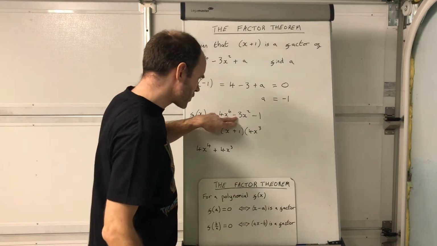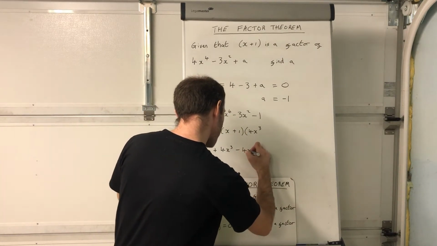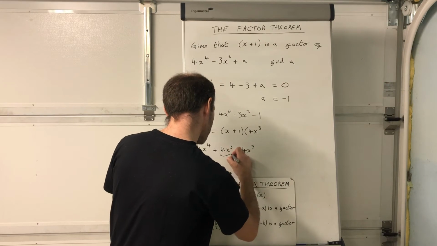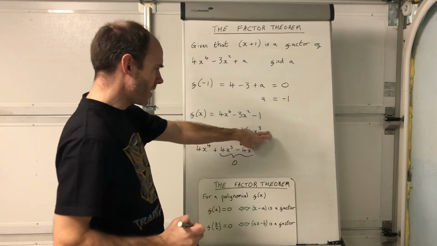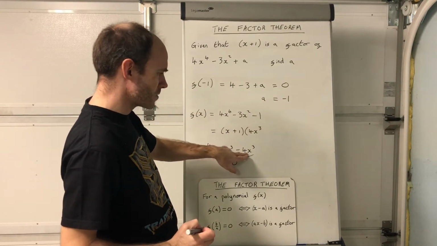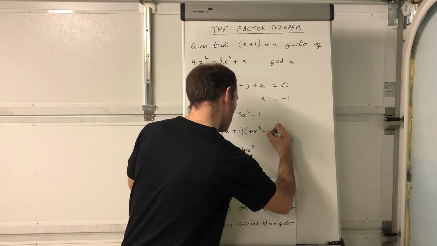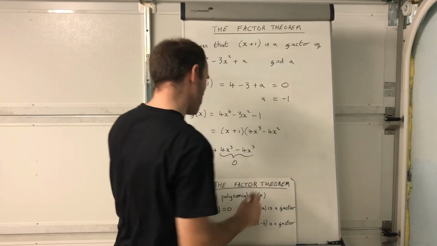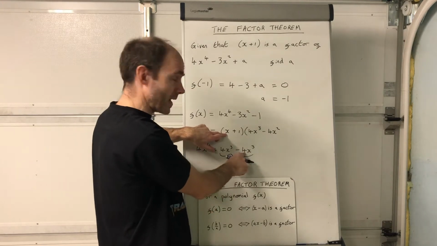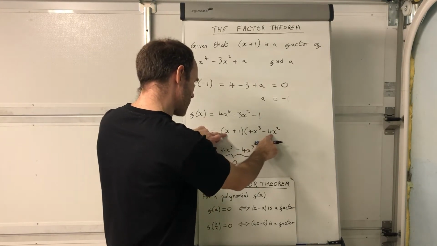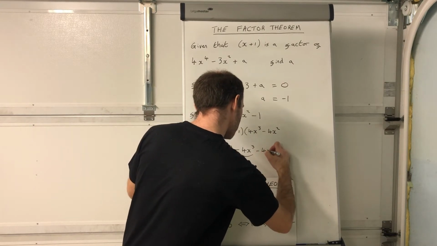Now, we don't have an x cubed term there, so clearly we're going to have to find some way of subtracting the 4x cubed in order to make that 0. So for my next term, I'm going to need something so that I get subtract 4x cubed. That's going to be subtract 4x squared, because when I do that times that, that'll give me the negative 4x cubed. Continuing the expansion, 1 times that will give me negative 4x squared.